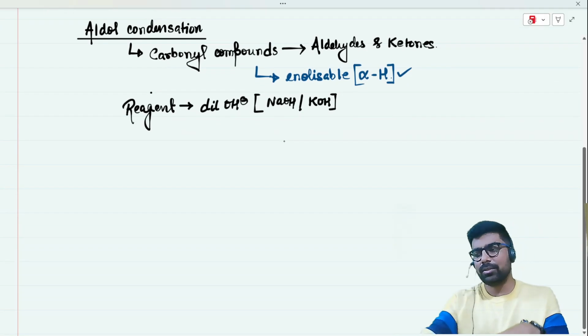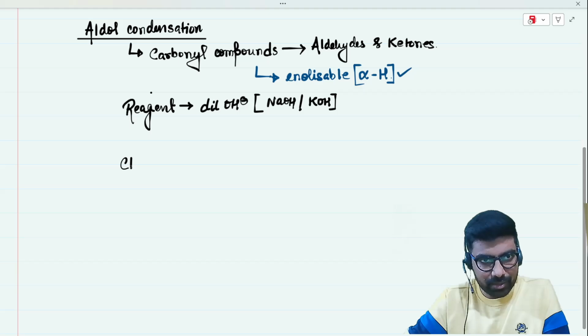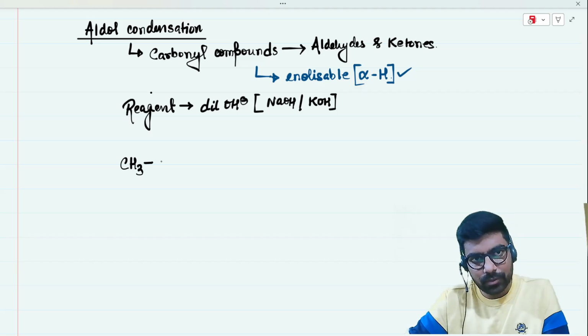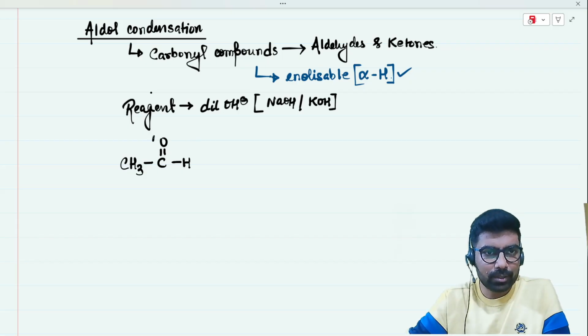Okay, now let's quickly move on to the reaction. Let's say we have something like this: CH3, C double bond O, H. In this molecule, this is my functional group, the aldehyde group.